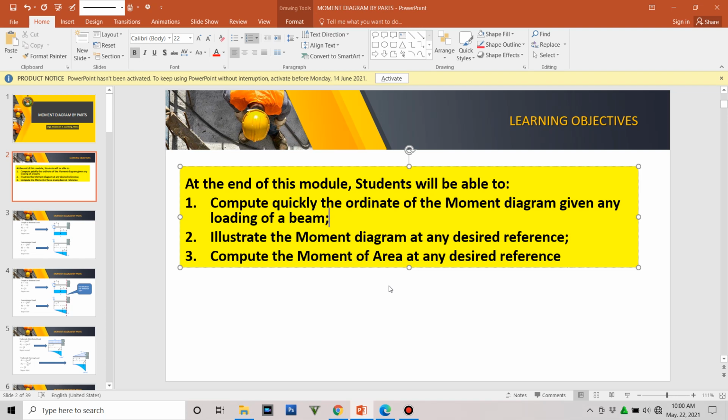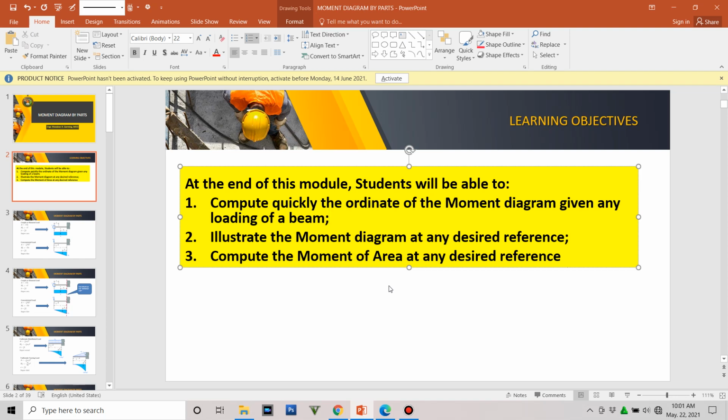But this time, the formula is already derived so that we can do a quick computation of the ordinate of the moment diagram of any loading. Whether your loading is concentrated, uniformly distributed, varying loads, or a couple.